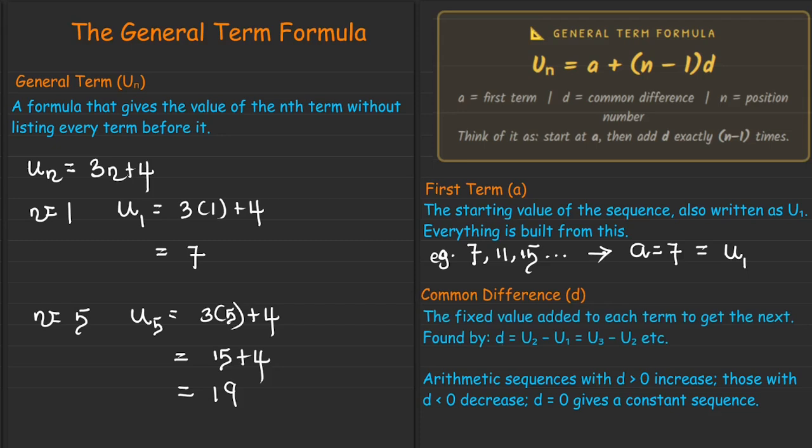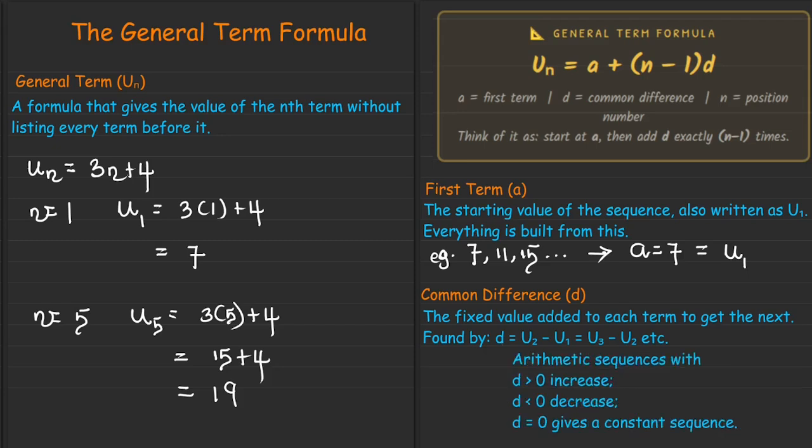On the other hand, if your d is negative, then the sequence is actually reducing. You reduce and even enter into the negative domain. Then when your d is 0, you would always get a constant sequence. So it is important we take note of these as we proceed.